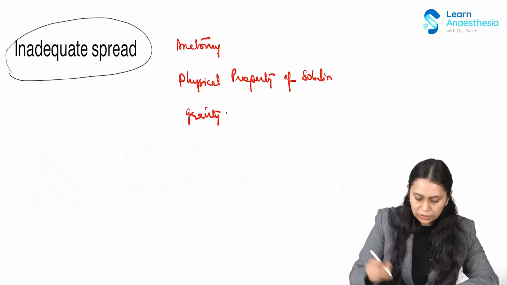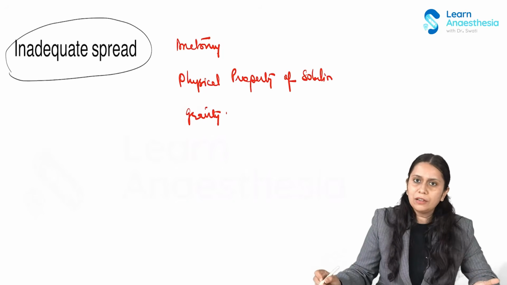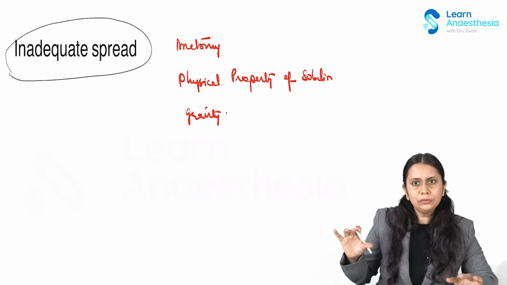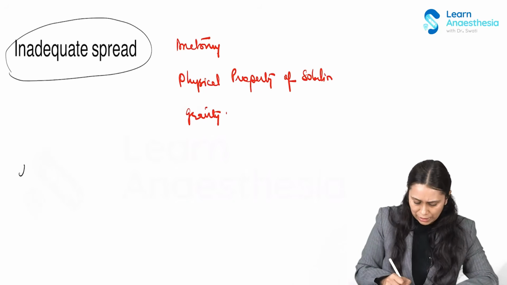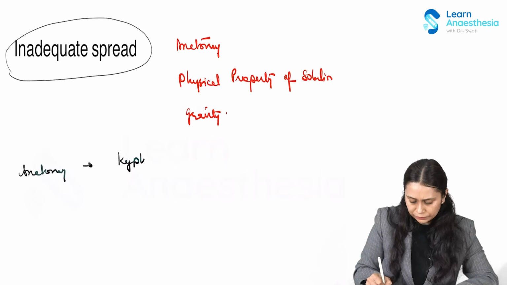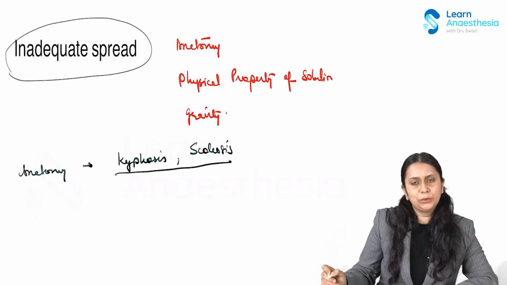So what could be the possible anatomical issues? Kyphosis, scoliosis. Studies have shown that in them there is a chance of inadequate spread of drug. So anatomical abnormalities like kyphosis and scoliosis can lead to inadequate spread of the drug.